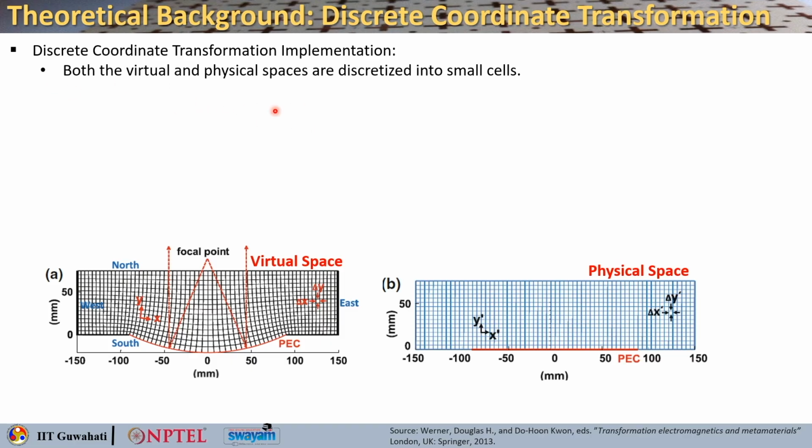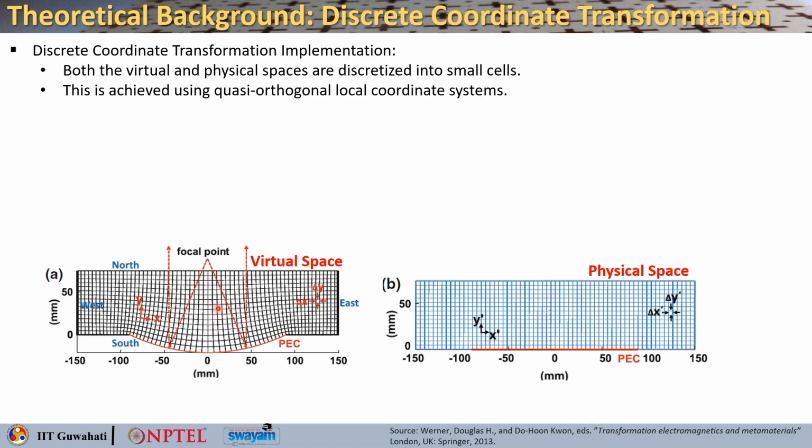Here you can see both the virtual space and the physical space are discretized into small cells. What you have here is a parabolic reflector. This is a PEC, and this is the virtual space which has now been mapped into a physical space which is uniform and flat.